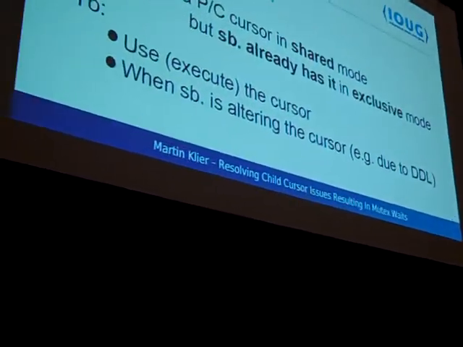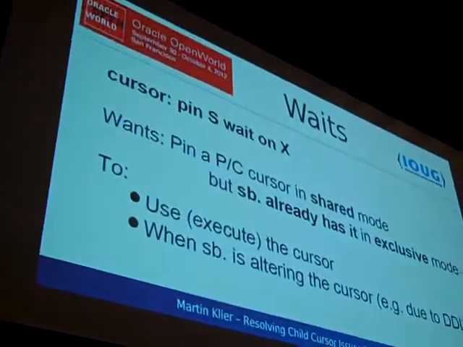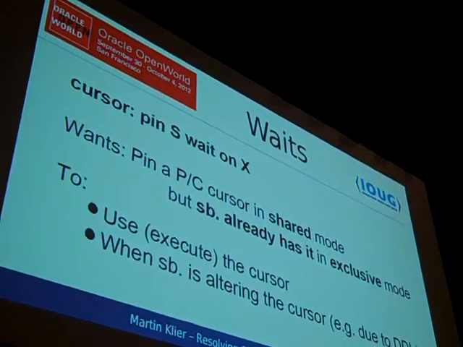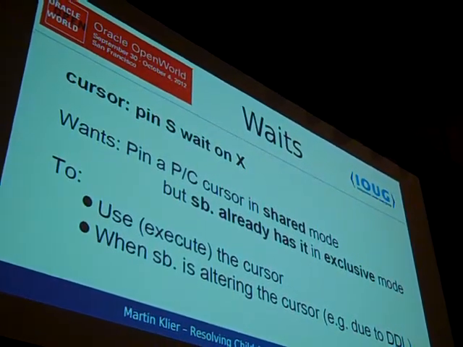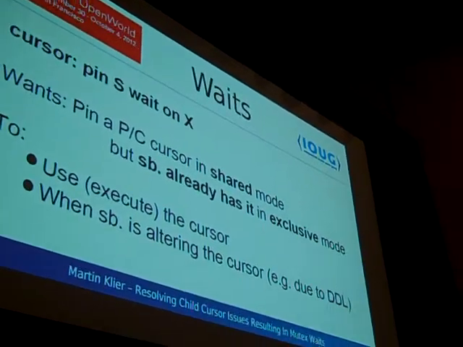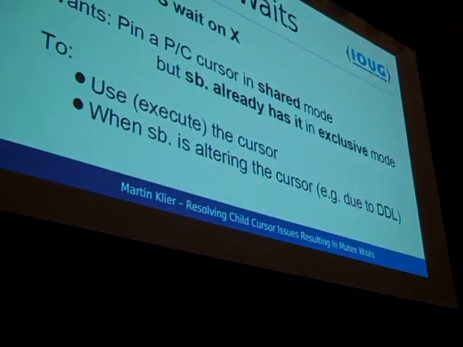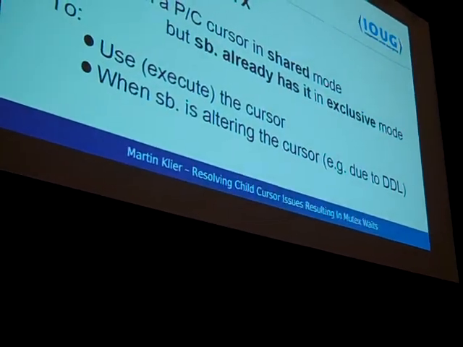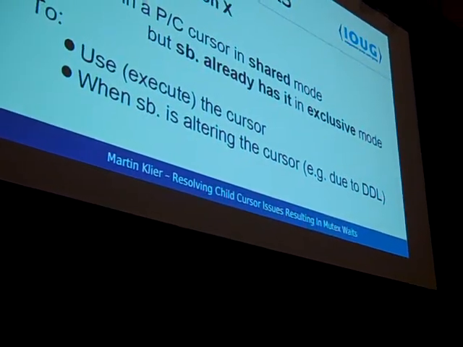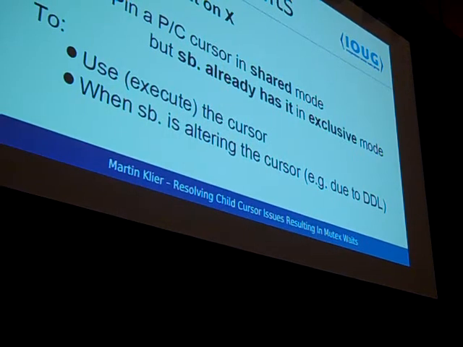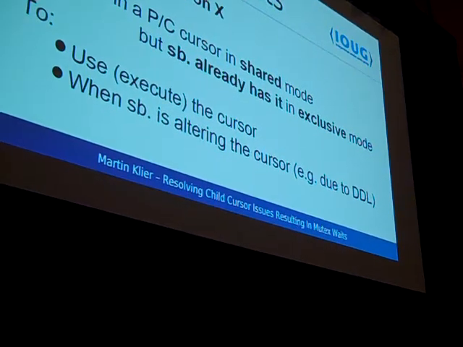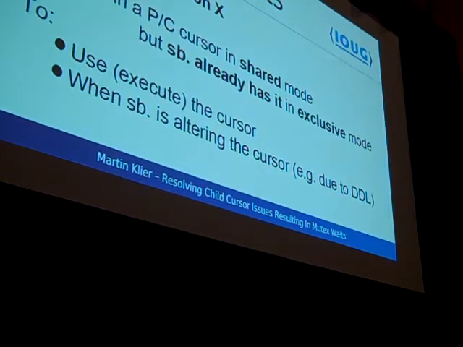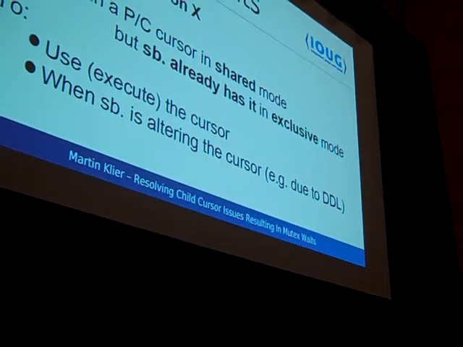And a special wait event is pin S wait on X. It means that somebody has it in shared mode, but somebody wants it in shared mode, but another one has it in exclusive mode. So somebody is altering the cursor, and another one wants to use it. And those two mutex locks are not compatible.